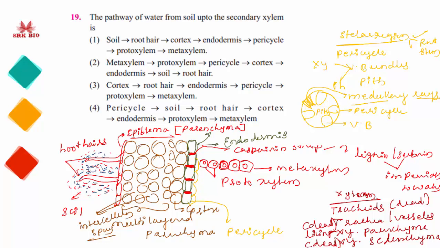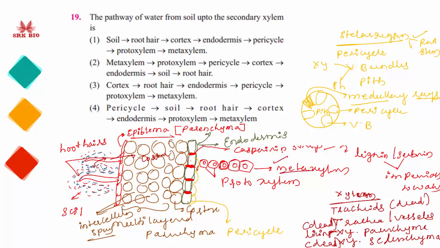So water which is present in the soil, first it enters into the root hair, then from root hair it passes through the epiblemma, then moves into the cortex, then cortex to endodermis, below the endodermis pericycle, pericycle to protoxylem, and finally it reaches the metaxylem.